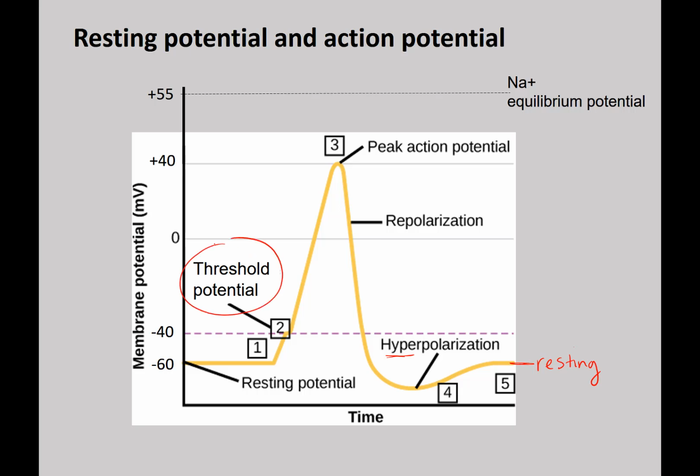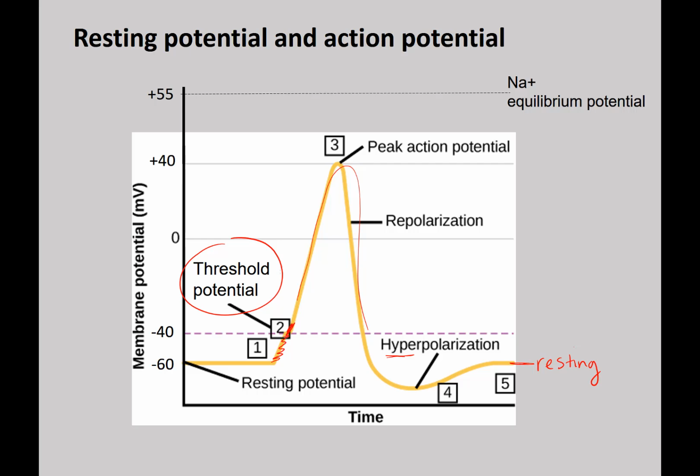The threshold potential is a value that the membrane potential has to change greater than in order for an action potential to happen. So remember, this action potential is going to be based on the opening and closing of voltage-gated ion channels.